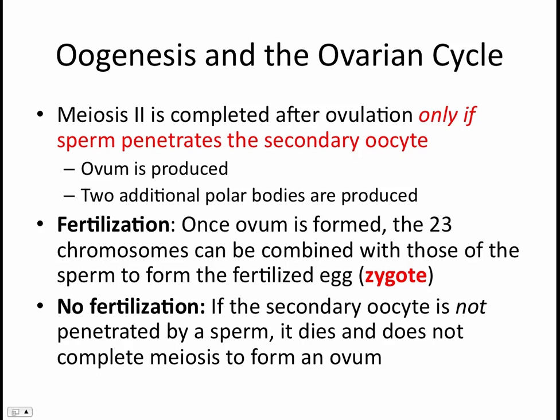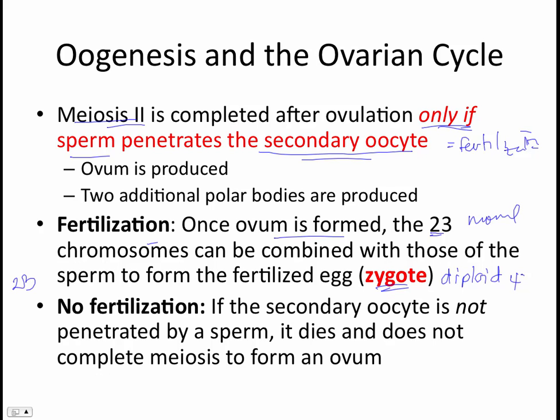Okay, here's that overview one more time. So meiosis II is completed after ovulation if and only if the sperm penetrates that secondary oocyte, meaning that we have fertilization. Once that ovum is formed, the 23 chromosomes from that mom can be combined with the 23 chromosomes from the sperm to form a fertilized egg, in which case we have that zygote, which is diploid and has 46 chromosomes.